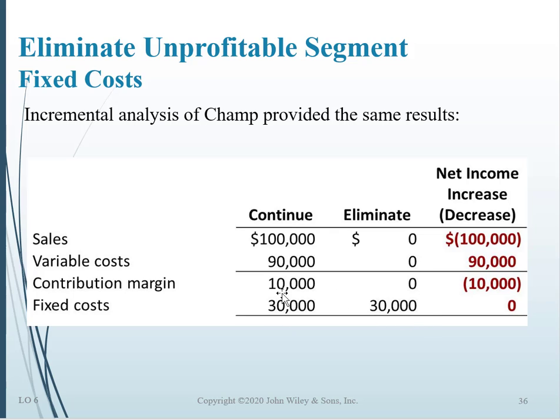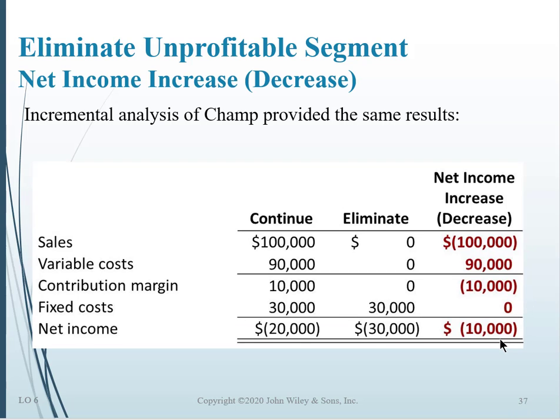This is what happens if we keep it. This is the cash flows associated with getting rid of it. The fixed cost, we're going to save 30,000, but here we spend it. So when you subtract them, we get 0. So the net income overall says we're going to lose $10,000 as a decrease in net income.